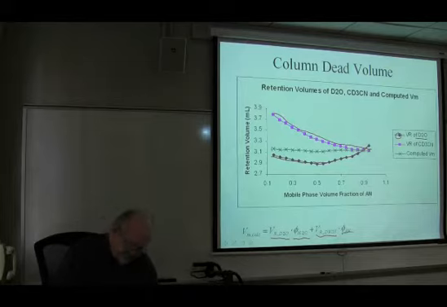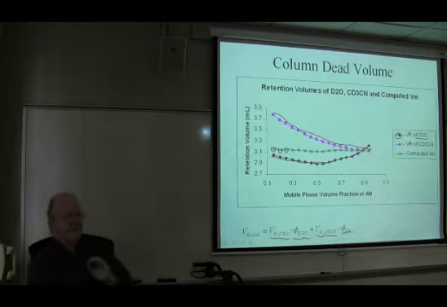And that's this computed result here. And you can see that it really doesn't vary very much over a wide range in mobile phase composition. So this is the best way to measure the dead volume if you're doing really fundamental theoretical studies.